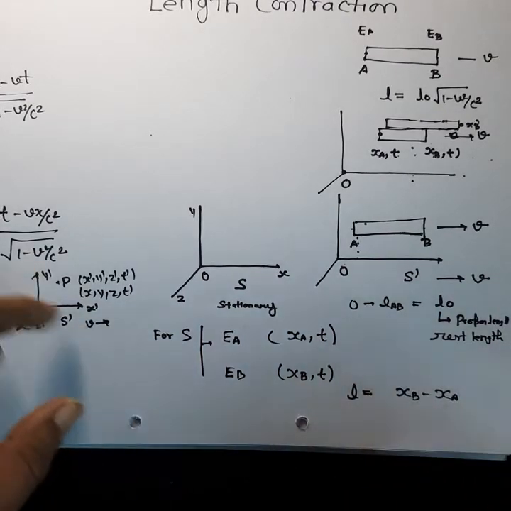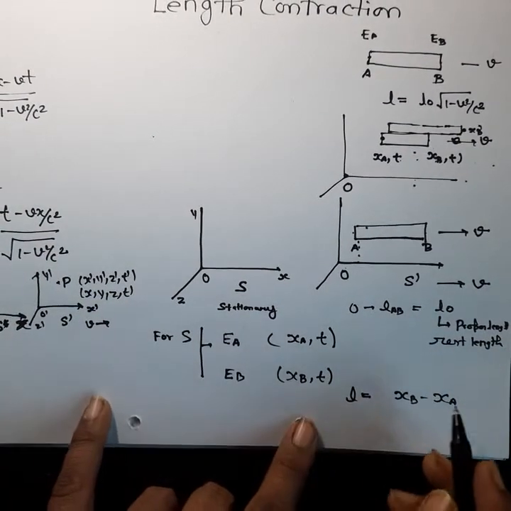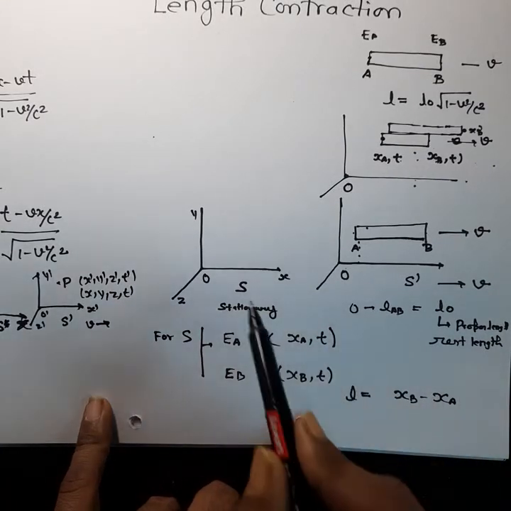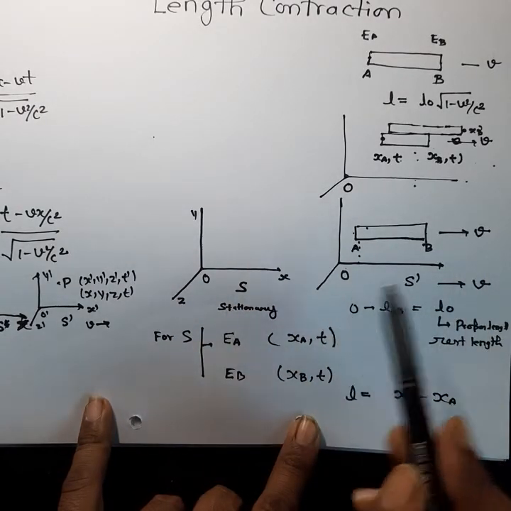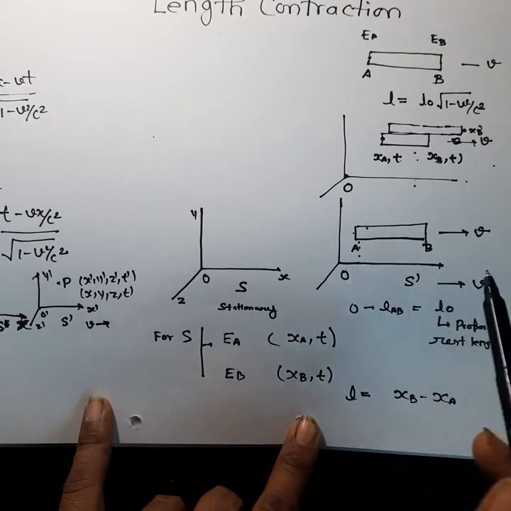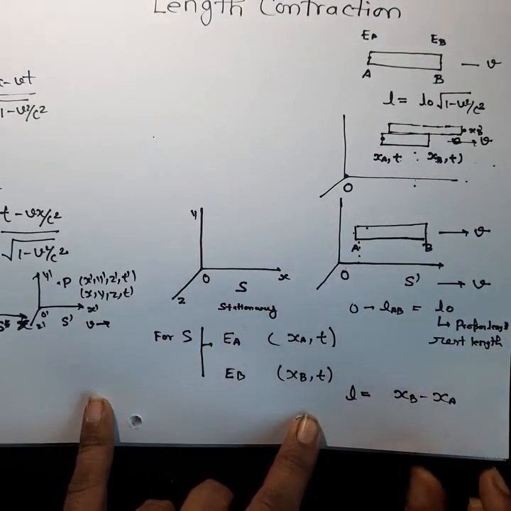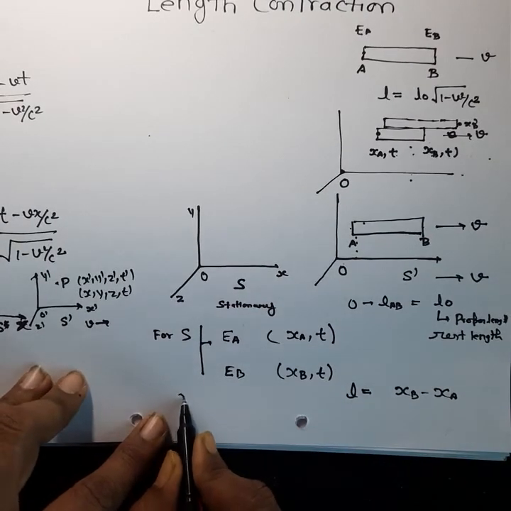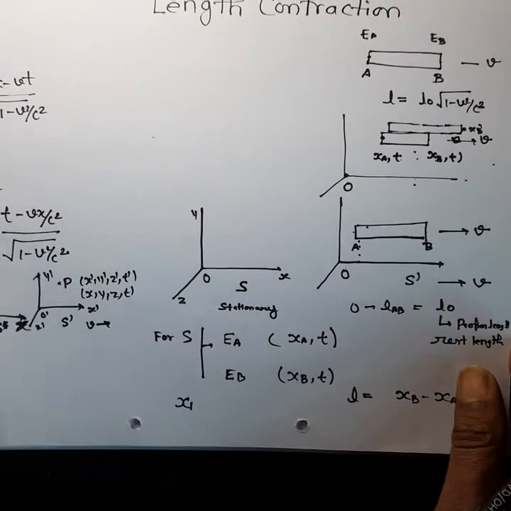If you want to calculate its length, this xb and xa are the observations of S frame of reference, but since you want to relate the observations of two frames of reference, you need to express them in terms of S dash frame of reference. So what will be xb? Here I am writing xb is equal to, now let's write it on another page.